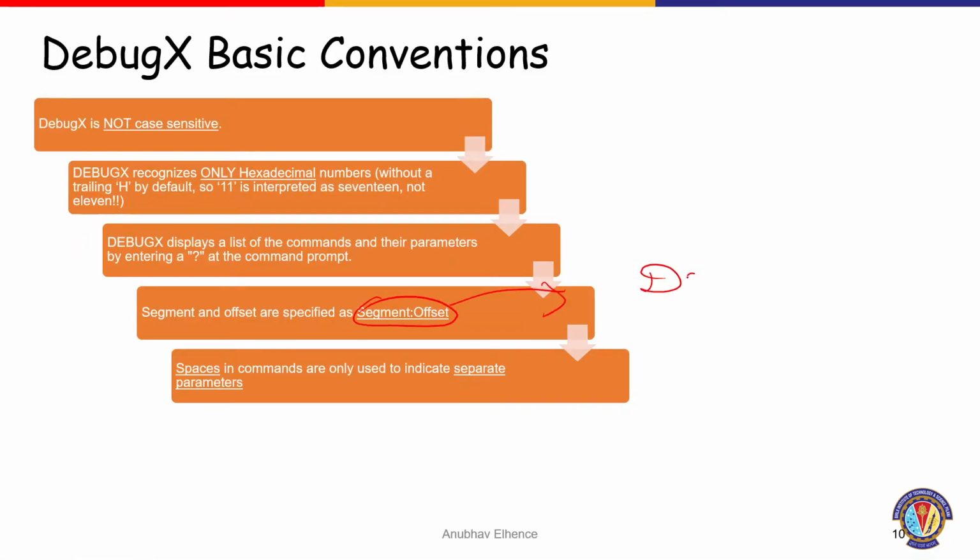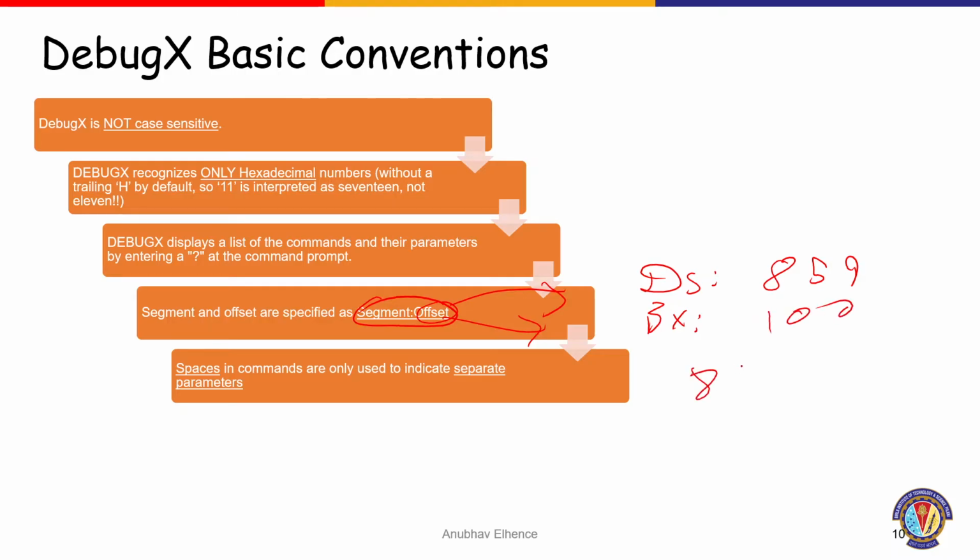So the DS is your segment, and right now if it is 859, then whatever your offset will be, offset can be defined either in your register or through memory or through register memory or through immediate value. So whatever be, let's say a value of offset, let's say it's 100.